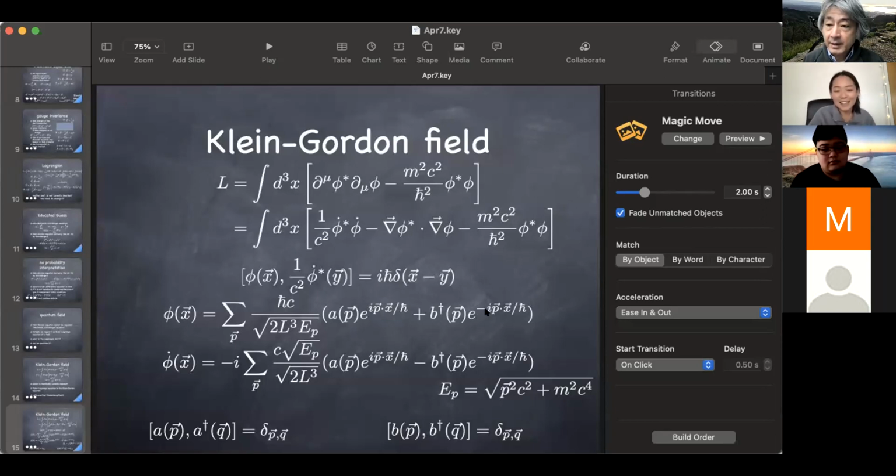If phi were Hermitian, then this second term would be the Hermitian conjugate of the first one, so b dagger would be the same thing as a dagger. But we assumed phi was complex, and that's why a and b are now independent of each other. But we are applying exactly the same idea of writing a mode expansion in terms of positive and negative exponents. Okay, that makes sense. Thank you.